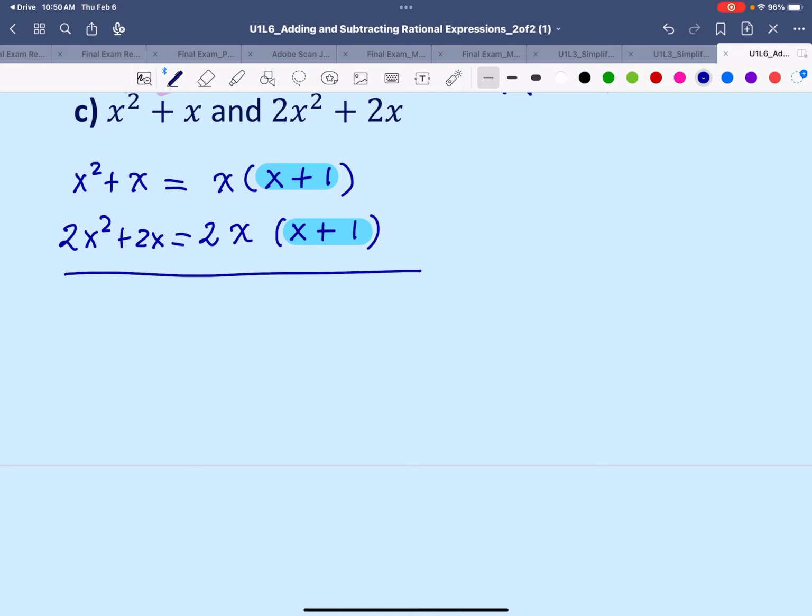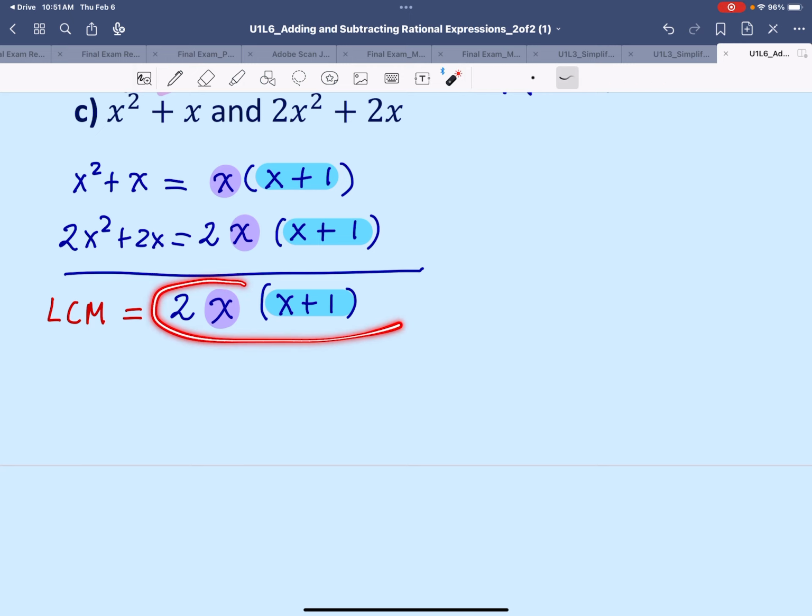So when we find the lowest common multiple of these two polynomials, we're going to say that we have a common factor of x, a common factor of x plus 1, and we also have a factor of 2. So the lowest common multiple is 2x times x plus 1.